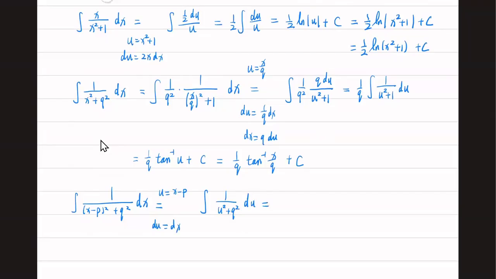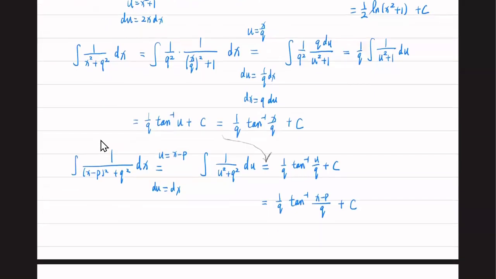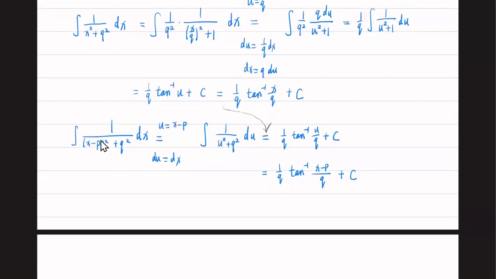We can apply the formula, 1 over q arctan of u over q. So we apply the formula directly. Then we switch back to x, arctan of x minus p over q. Okay, so that's our formula.